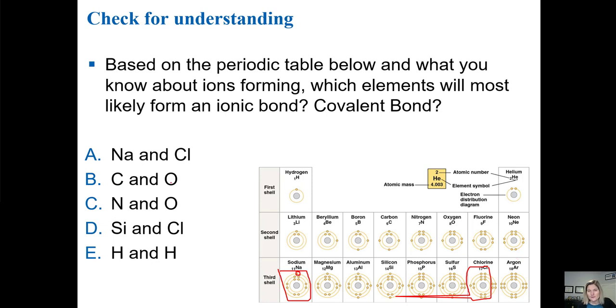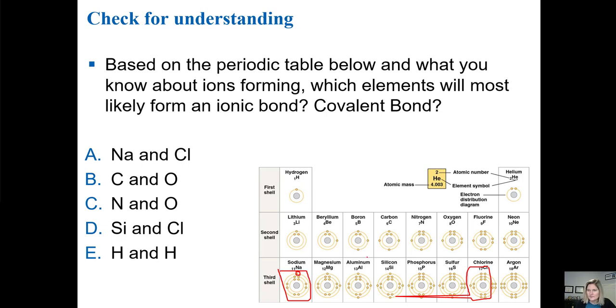Let's see, carbon and oxygen. Carbon has 4, oxygen has 6 valence electrons, so that's not going to form an ionic bond because nobody's going to want to give up an electron. Nitrogen and oxygen, well, that one has 5, this one has 6. There's no way they're going to give up an electron. How about silicon and chlorine?